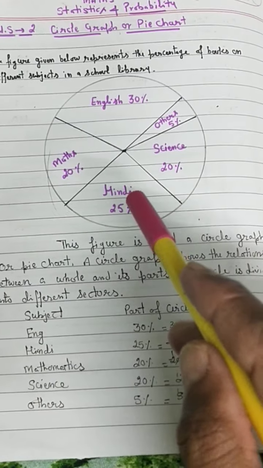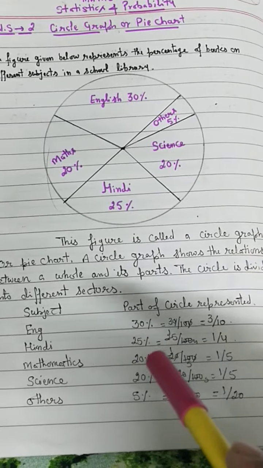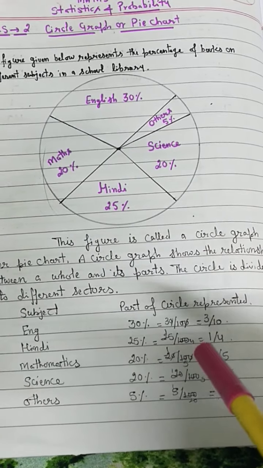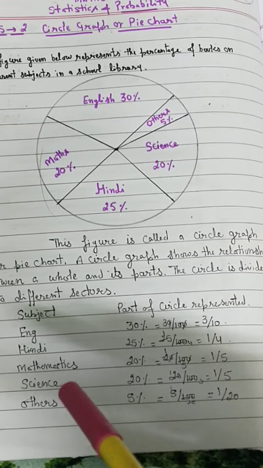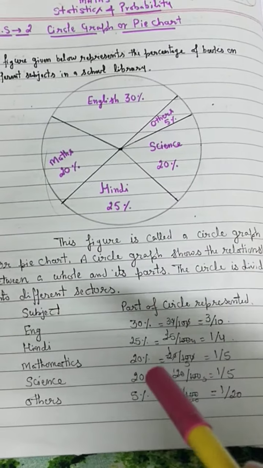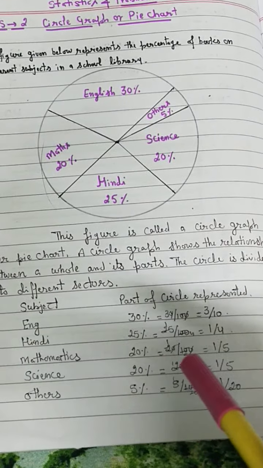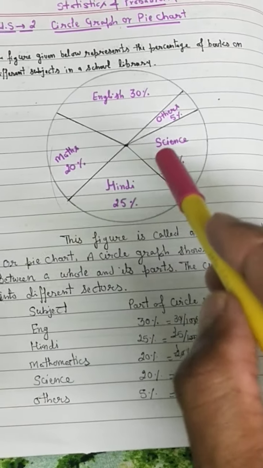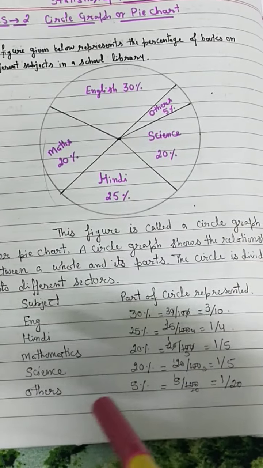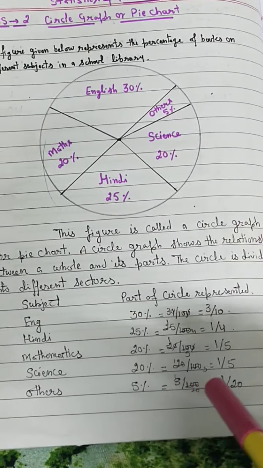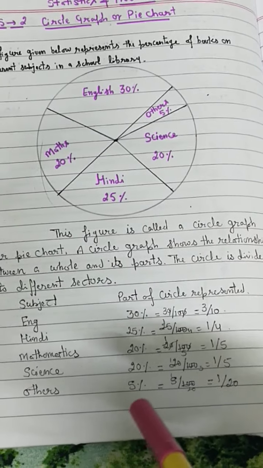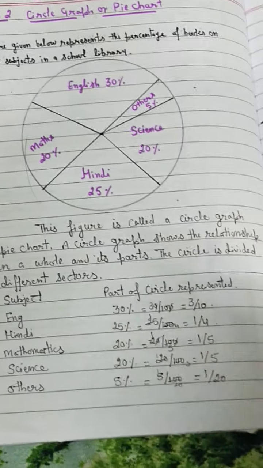Hindi is 25%, 25 upon 100 is equal to 1 upon 4. Mathematics 20%, 20 upon 100 is equal to 1 upon 5. Science 20%, 20 upon 100 is equal to 1 upon 5. Others 5%, 5 upon 100 is equal to 1 upon 20.